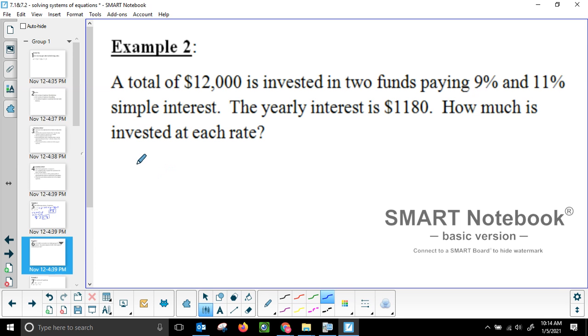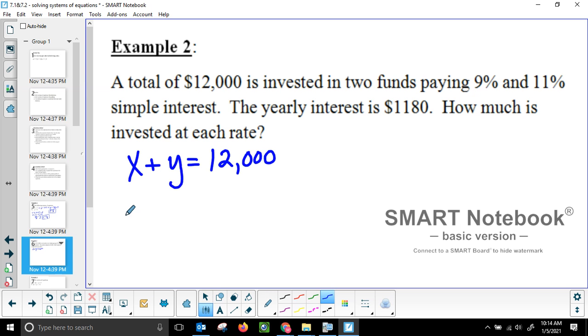We have two funds. I'll just call them fund X and fund Y. So we know that however much we put in one fund plus however much we put in the other fund has to equal $12,000. Now we also know that the interest is $1,180.